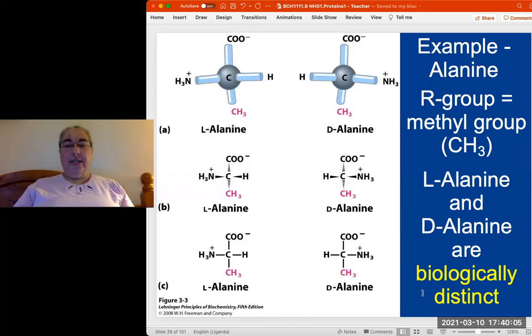So a biological system which is used to dealing with L amino acids would not be able to deal with D amino acids. Okay? And this is because biological interactions often depend on the exact shape of a molecule. And these molecules do not have the same shape. They have the same chemical composition, but they don't have the same physical shape. So in a biological system, they behave differently.